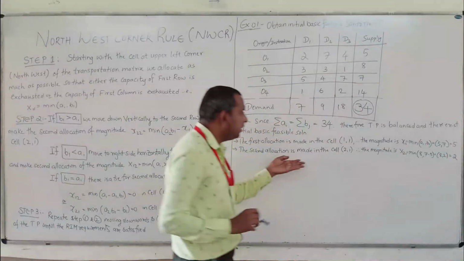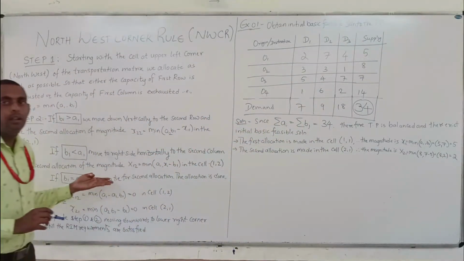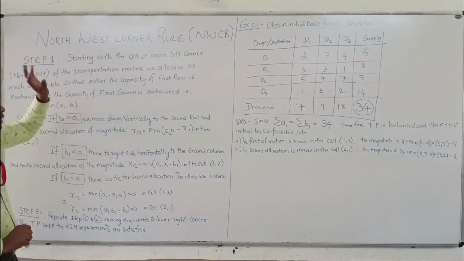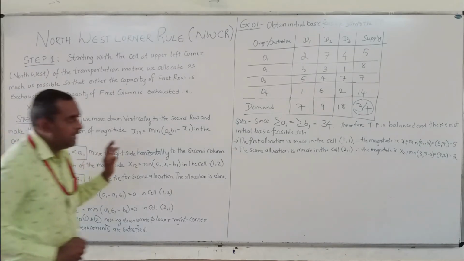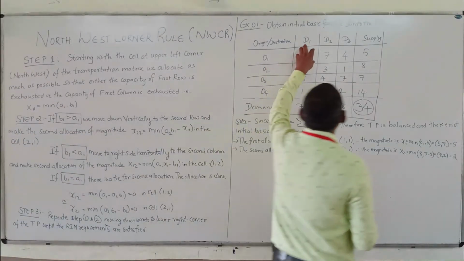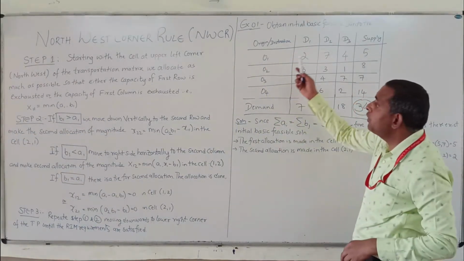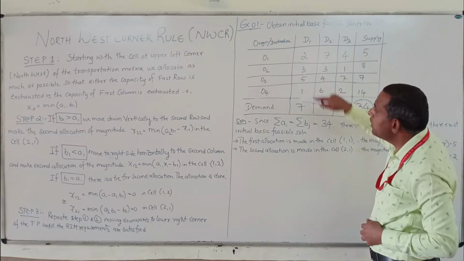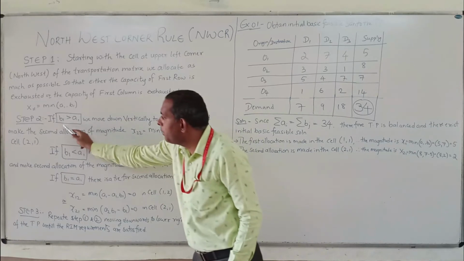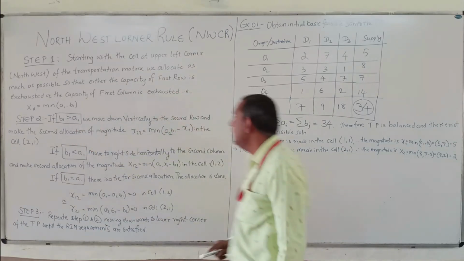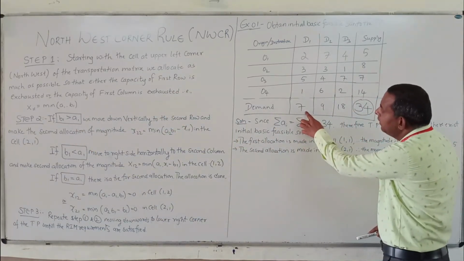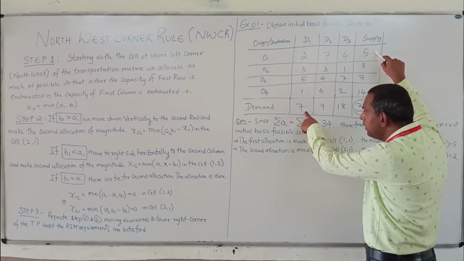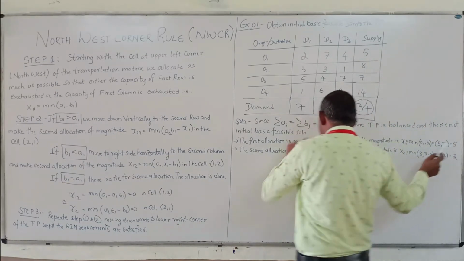So how it is done compared to the algorithm here. Always you have to start with the first cell, that is (1,1), the upper left corner. So we need to check as per step number 2 whether B1 is greater than A1. Which is greater? This is B1 and this is A1. We need to find the minimum. That is 5, the minimum here.